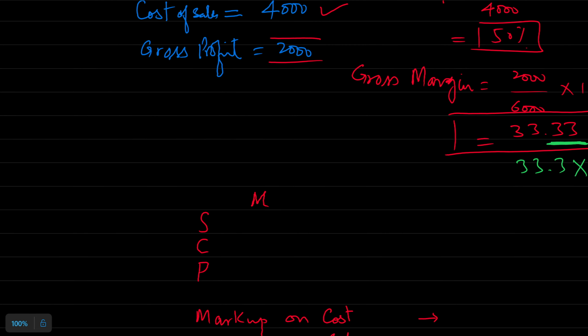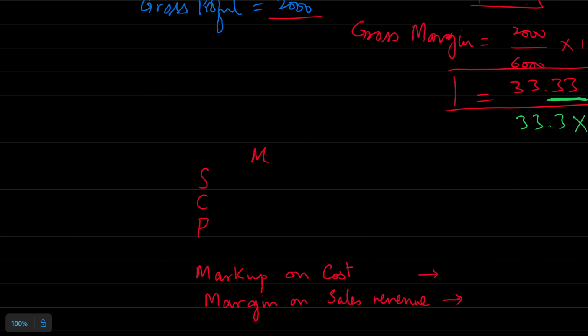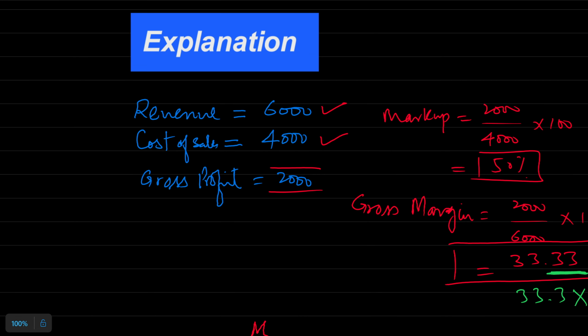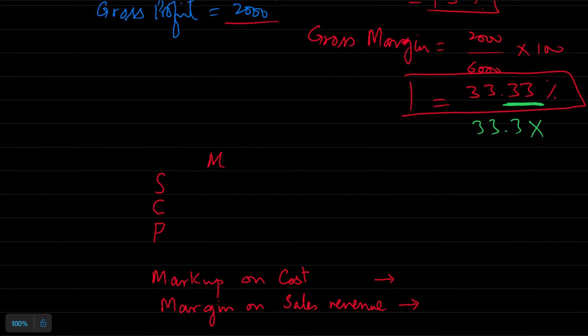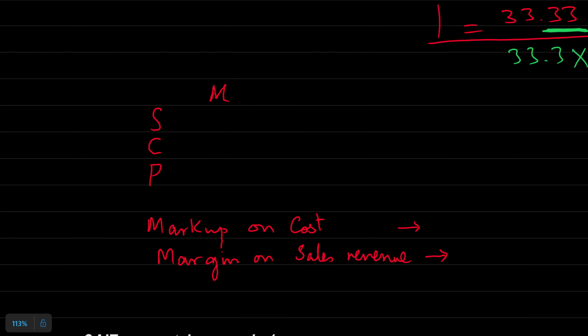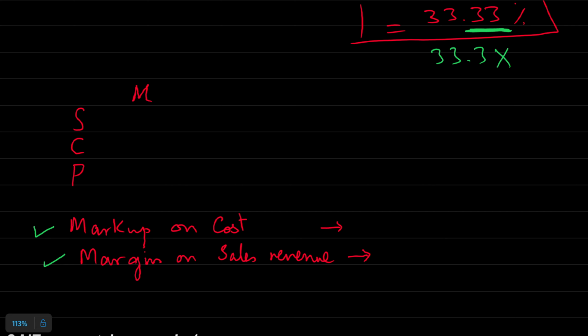Okay. Sometimes questions require you to convert markup into margin or margin into markup, and you are often confused. So students, today we will try to simplify this concept. Number one you need to remember is markup is always applied on cost, and margin is always applied on sales revenue, and from both markup and margin we can calculate gross profit.